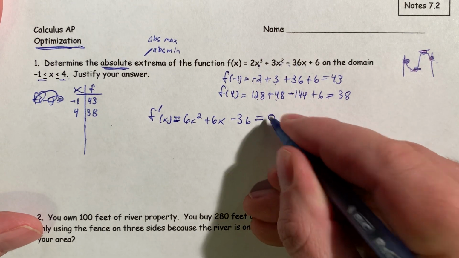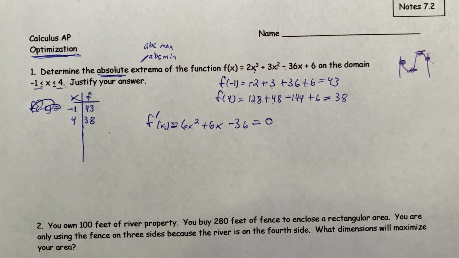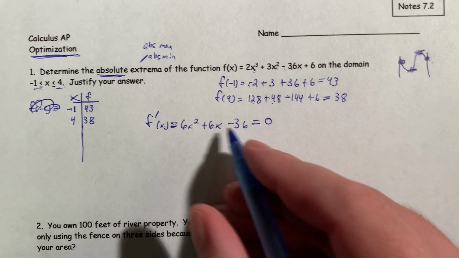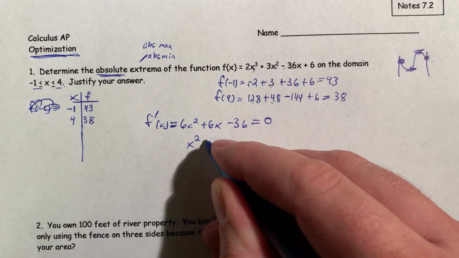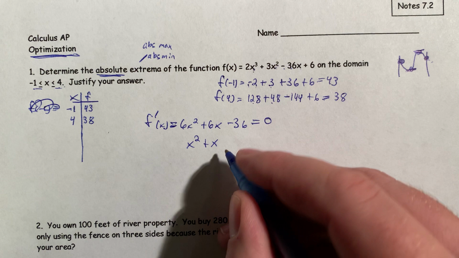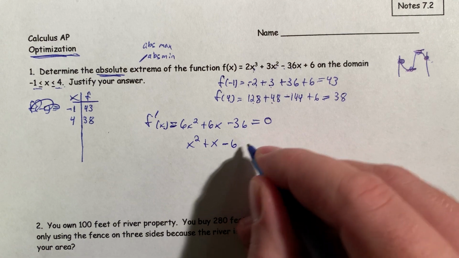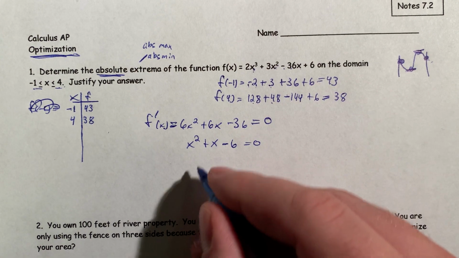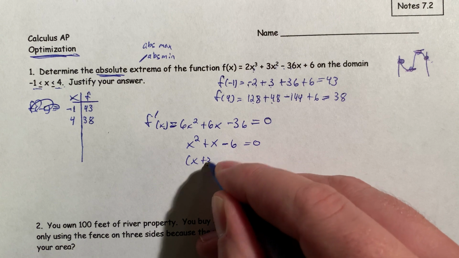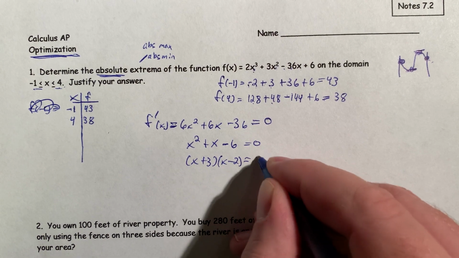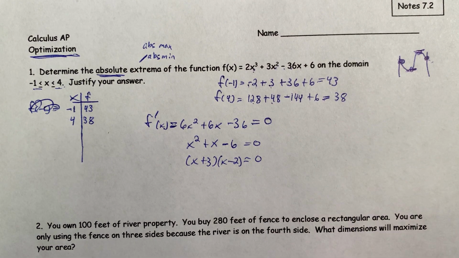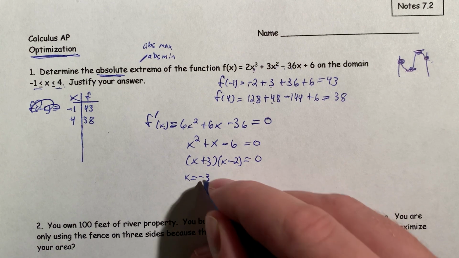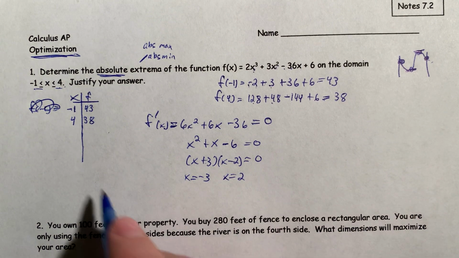We want to know where this is equal to 0 so we can find the critical values. So I'm going to divide everything by 6 and factor: x plus 3 times x minus 2. These multiply to make -6 and add to be 1. So x is -3 and x is 2.